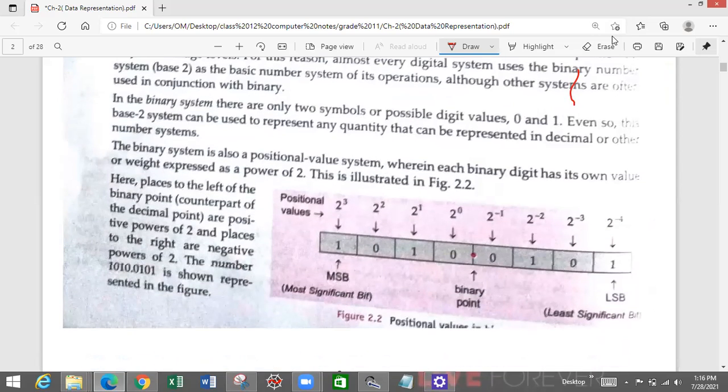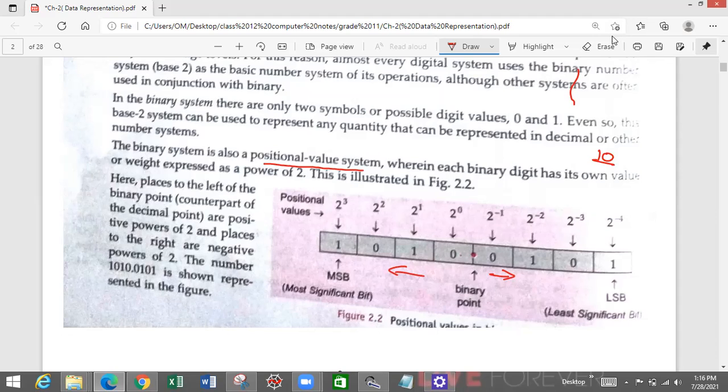Now the binary number system is also a positional value system. So each digit occurring at a different position has a different value. If you move to the left hand side, the value of the symbols will increase. If you move to the right hand side, the value of the symbols will decrease, but not by a factor of 10. In decimal, it increases by a factor of 10.